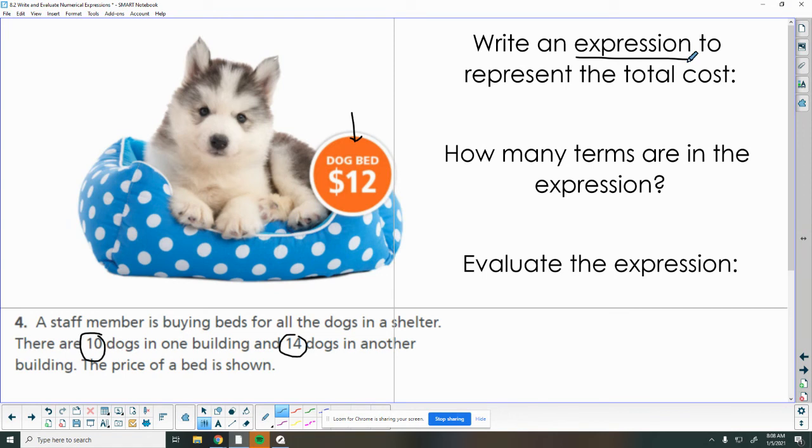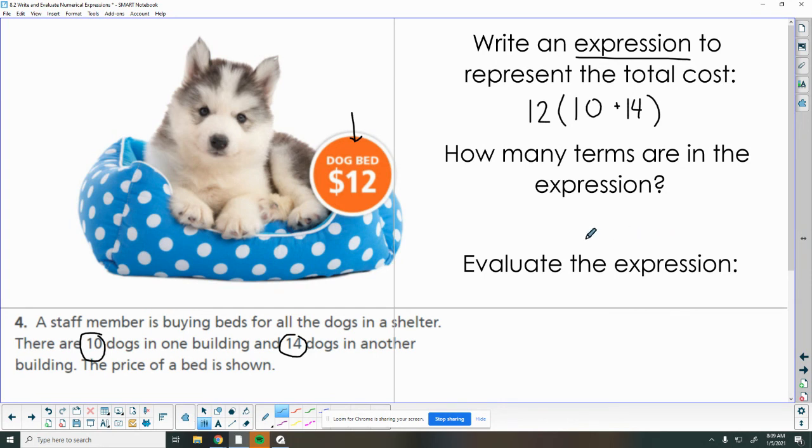And there's more than one way to write this out. So if I were doing this problem, I would add all my dogs together first. And I would say, here's all of my dogs. Whoops, 14, not 12. Here's all of the dogs. And I want to buy each of them $12 beds.